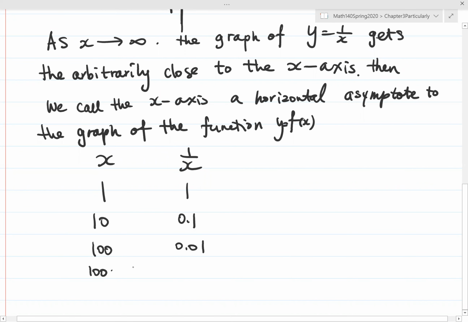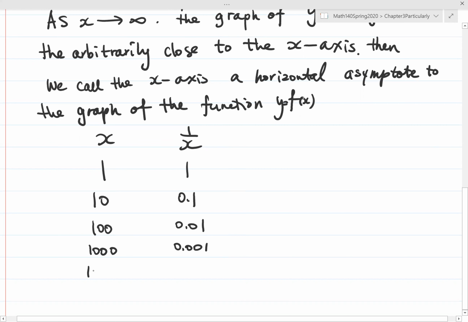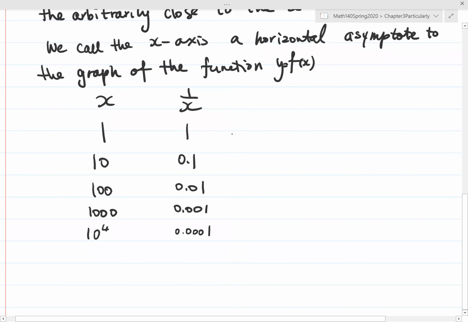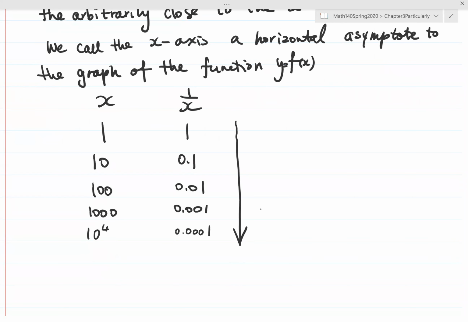If x is 1000, it is 0.001. If x is 10,000, then 1 over x is 0.0001. You see, as x becomes arbitrarily large, 1 over x becomes arbitrarily close to the number 0.